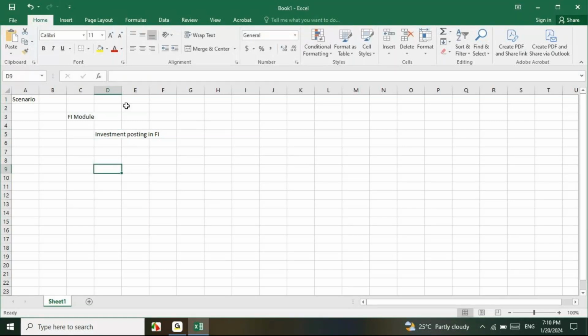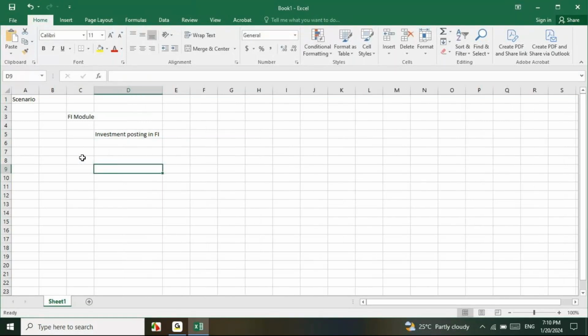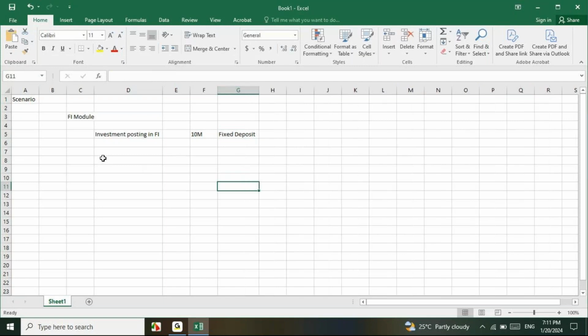For example, they have parked 10 million into a fixed deposit, and they want to understand whether we can do this without implementing SAP TRM, or whether we can do it in the FI module.